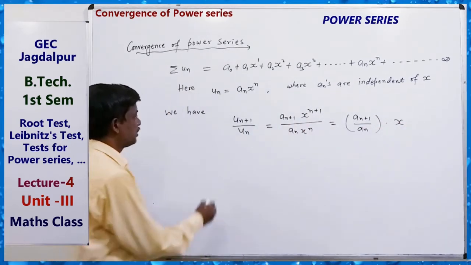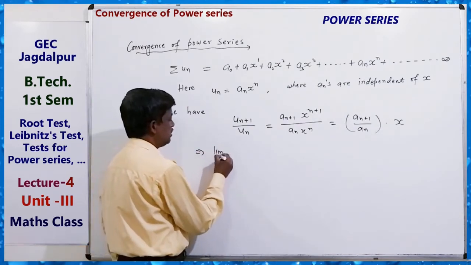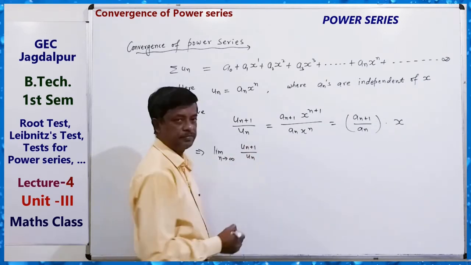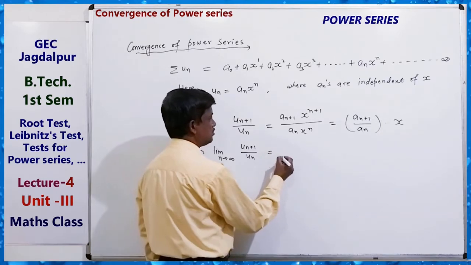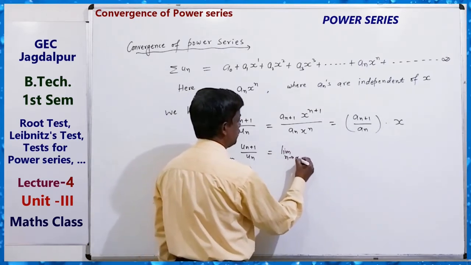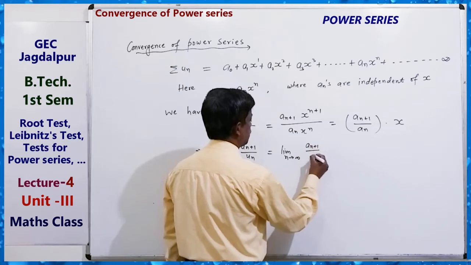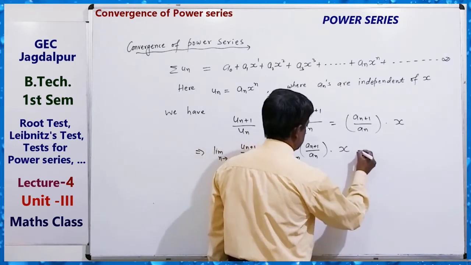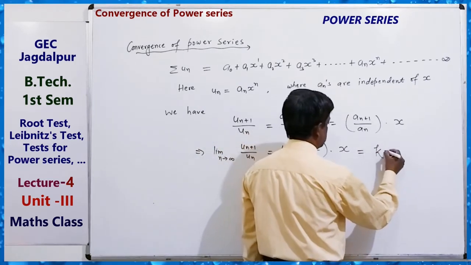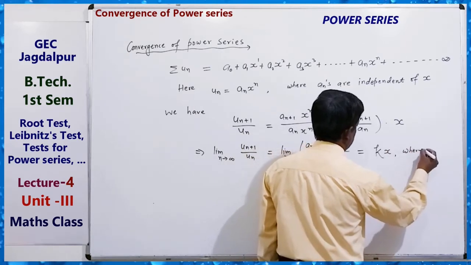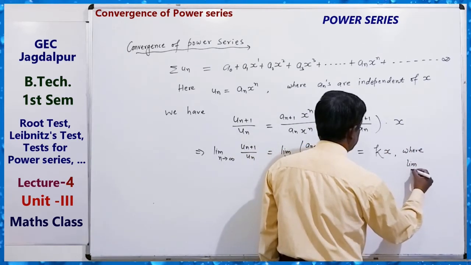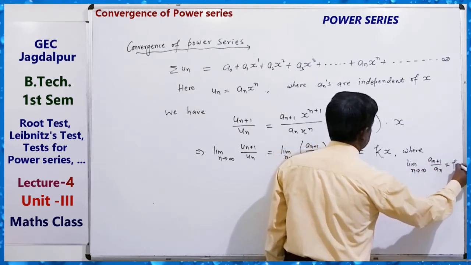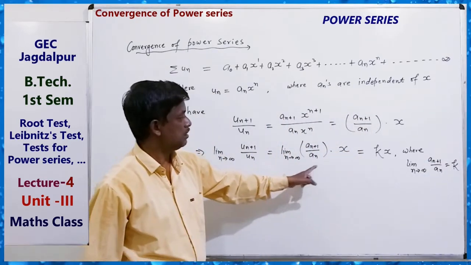This implies limit n tending to infinity un plus 1 upon un equals limit n tending to infinity an plus 1 upon an into x, equals kx, where limit n tending to infinity an plus 1 upon an equals k. Suppose its limit is k, then kx.